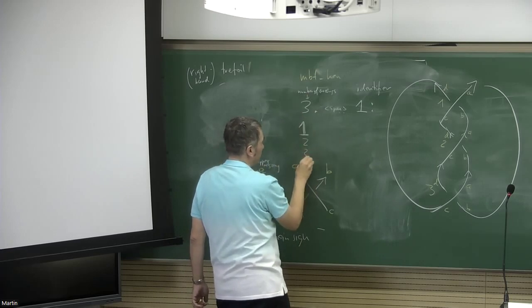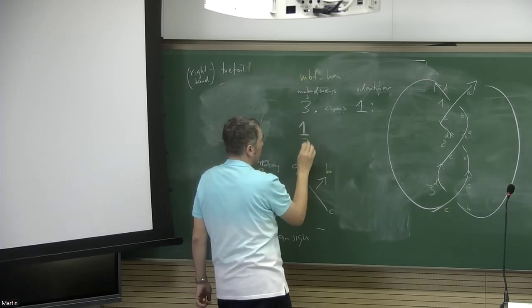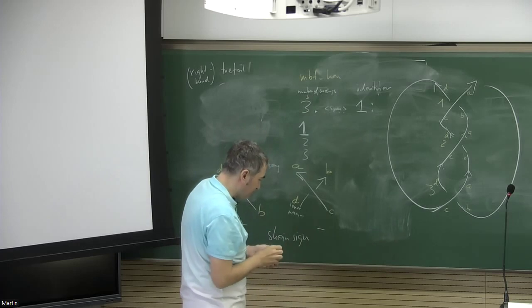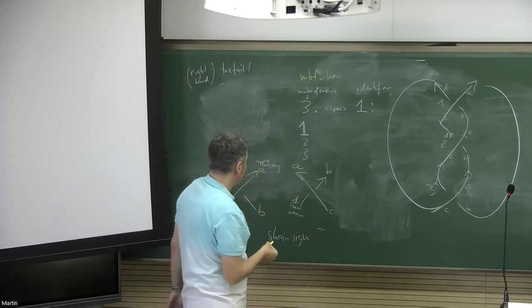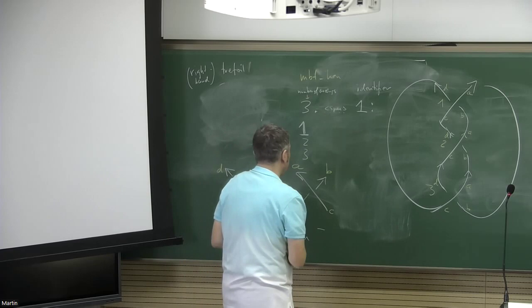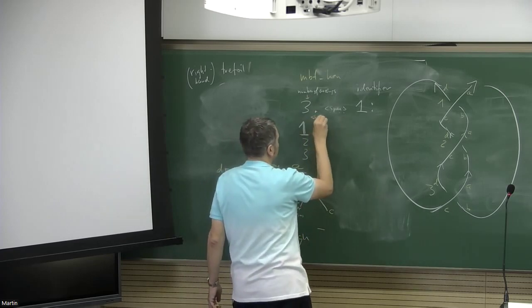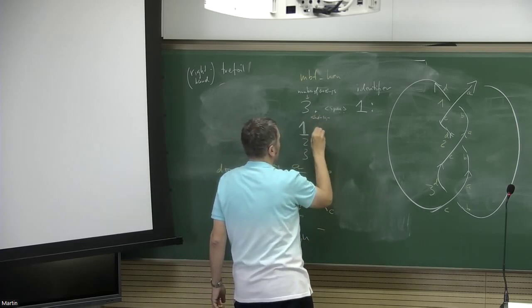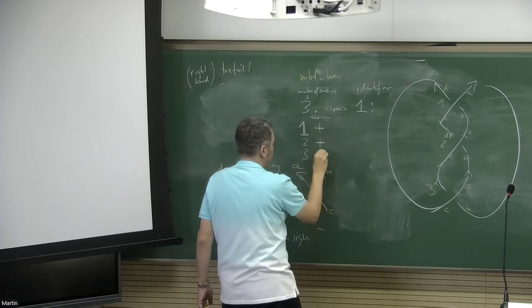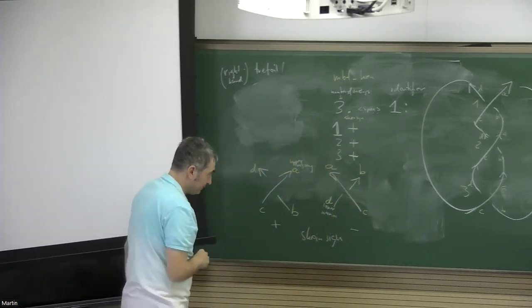So 1, 2, 3. There is an integer. Then follows the skein sign, which is plus or minus. In this case, all the crossings are plus.